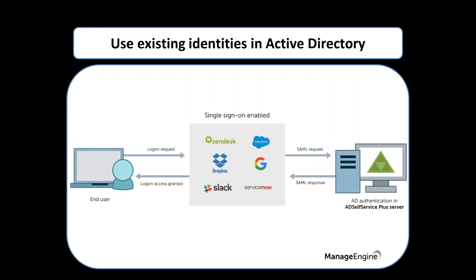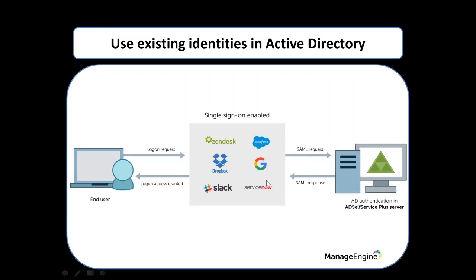In this case, when an end user has a logon request directly to a single sign-on enabled application, for example Salesforce, the user logs into the Salesforce URL and tries to log in, a SAML request is passed on and an Active Directory authentication takes place in the AD Self-Service Plus server. Once the SAML response is sent back to the application, the user is granted the logon access.